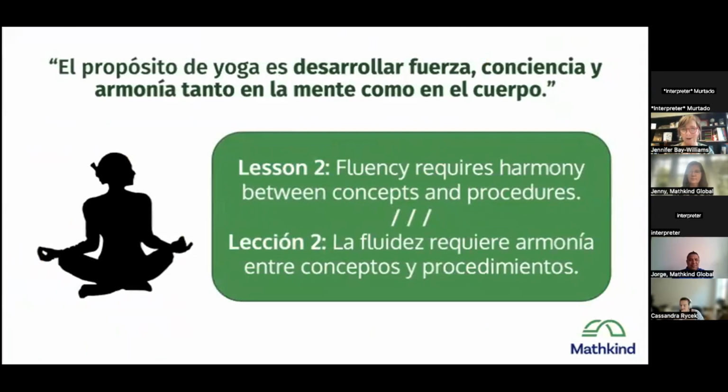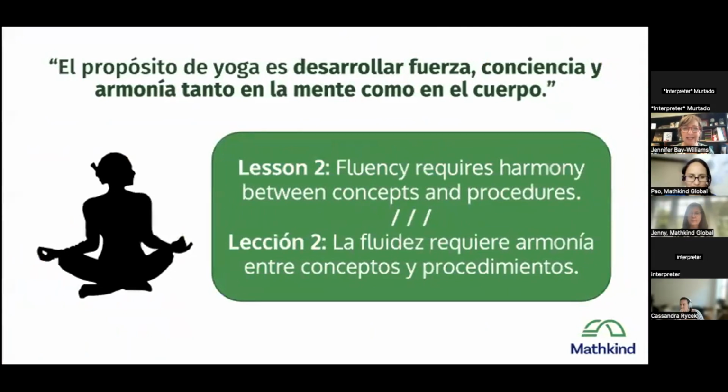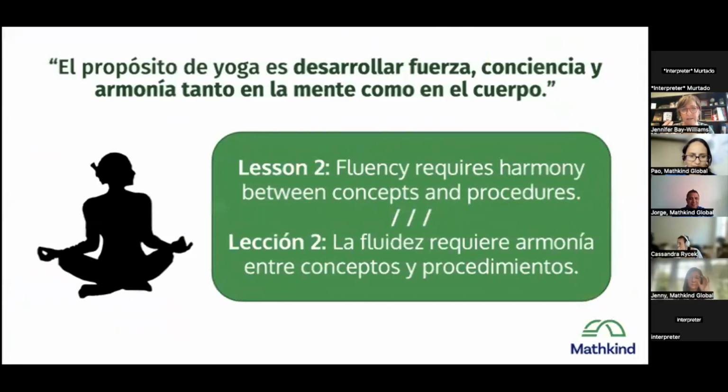Fluency requires harmony between understanding concepts and procedures. It's understanding that subtraction is more than just takeaway, that it's takeaway and find the difference, that opens their eyes to different ways to solve the problems. So that's our second yoga lesson.